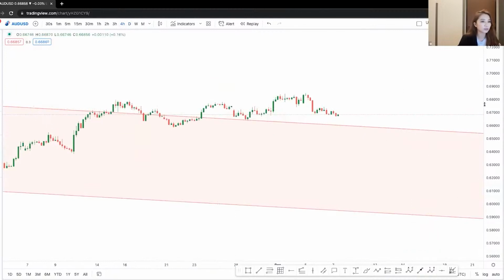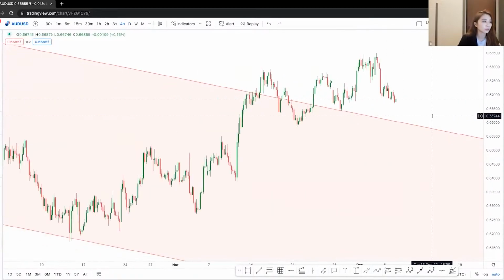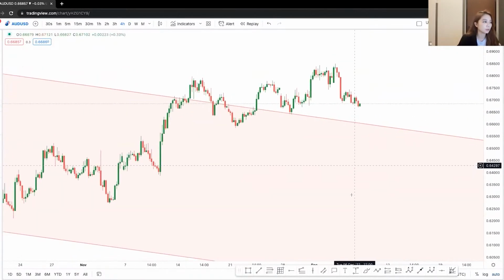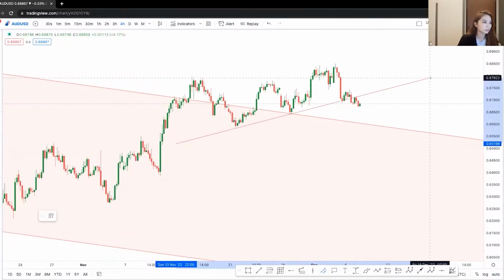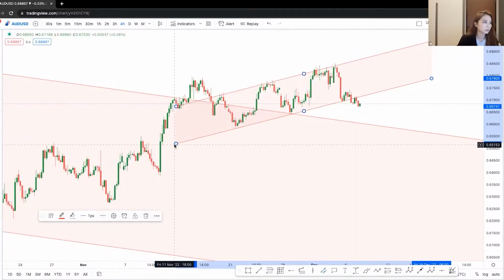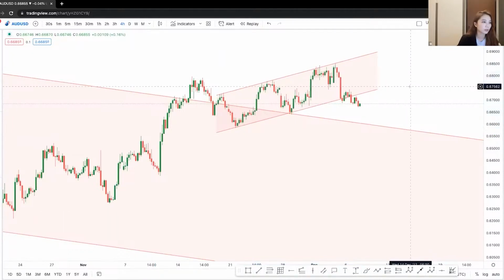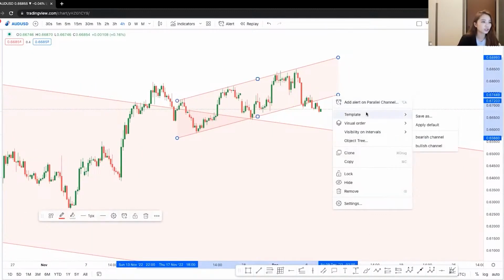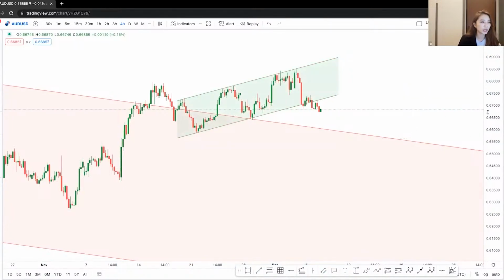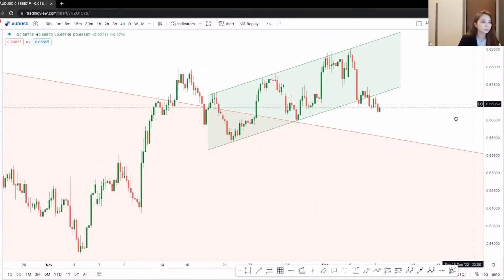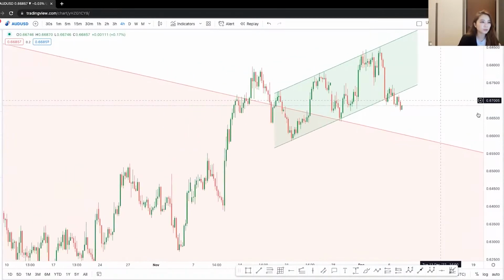Let's look at H4. Okay, so we are seeing an upward moving channel. Okay, so it has just dropped out of the bullish channel that we have just drawn. It has momentum to go down.